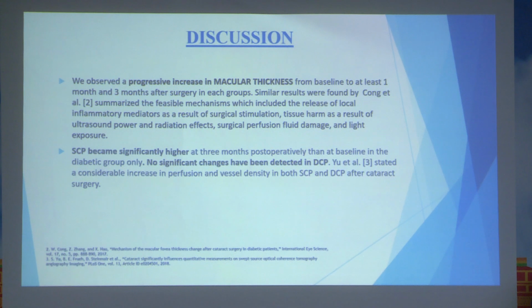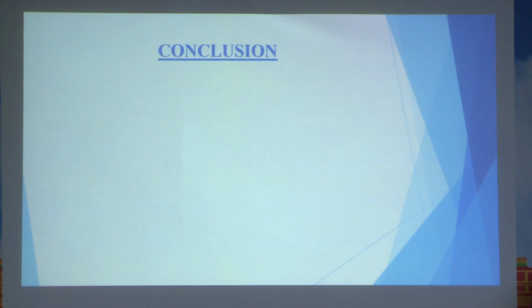A similar study was also done by Cognitel. The superficial capillary plexus became significantly higher after 3 months, but there was no significant change in the deep capillary plexus. A similar study was done by Yu et al., but he found that both superficial as well as deep capillary plexus increased after cataract surgery.